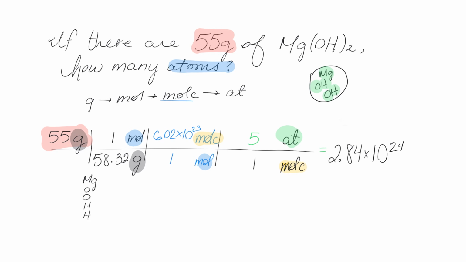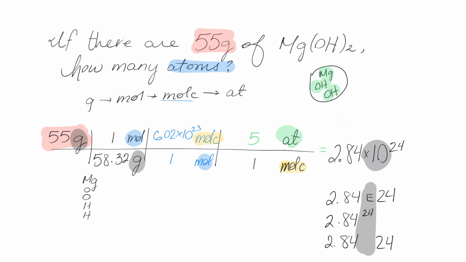Now, be careful, depending on your calculator, it might have said 2.84 E24, or maybe it even said 2.84 24, or 2.84 space 24. All of this nonsense translates to times 10 to the 24th. So you have to write that down, even if that's not what your calculator says.